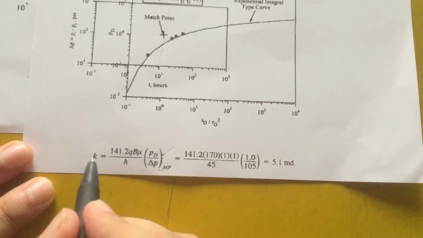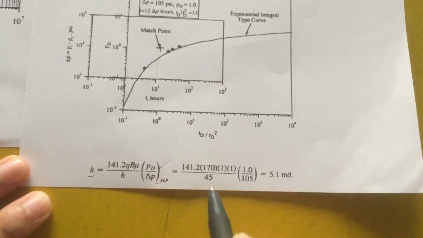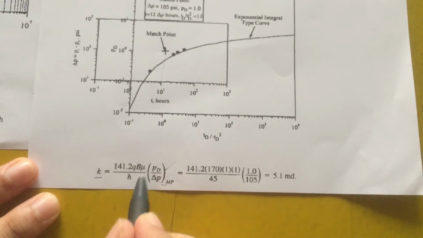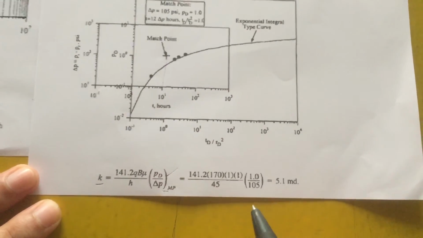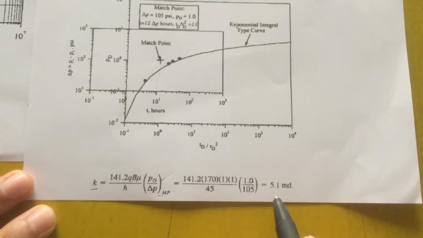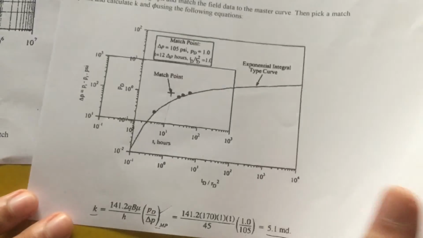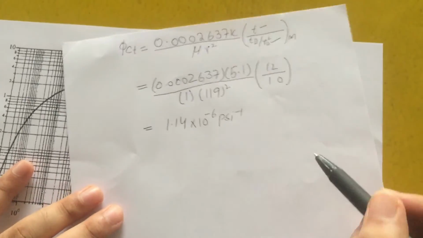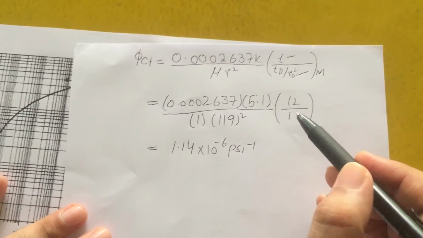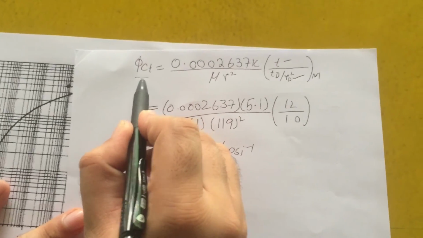Then we simply put them in to calculate the permeability. We simply plug in all these values, all other parameters are given, and we got 5.1 millidarcy. At the same time, we use the dimensionless time and the time from the matching curve and from the original curve, and plug these values into this equation in order to find the porosity.